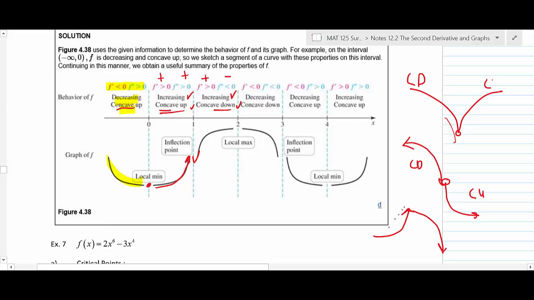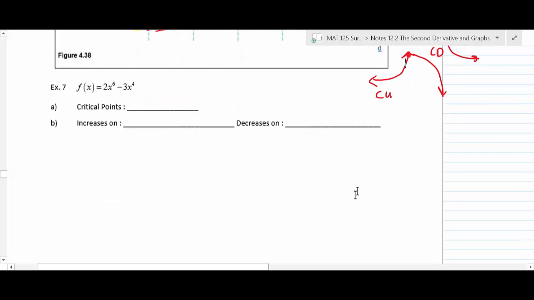That's actually possible, where you'd be concave up and concave down. Well, that would be a point of inflection. Even though the derivative doesn't exist there because of the sharp point, it's a point. Okay. So it's got to be a point on the graph. You have to be defined on the function in order for it to be a point of inflection. Okay. That's what you got to focus on.